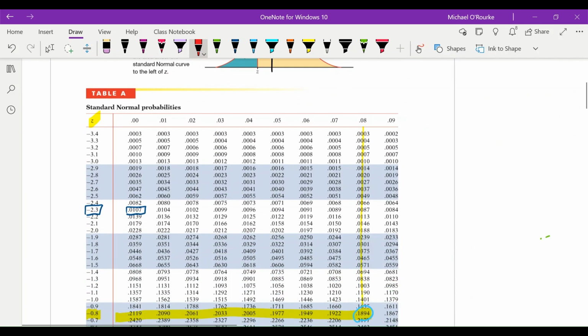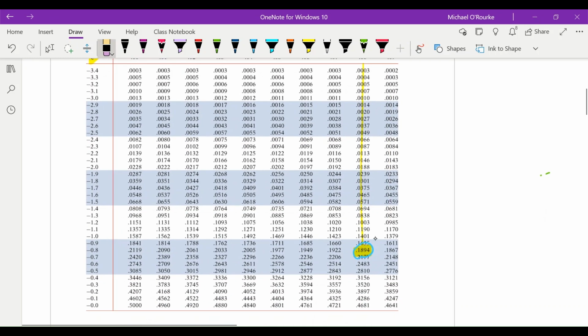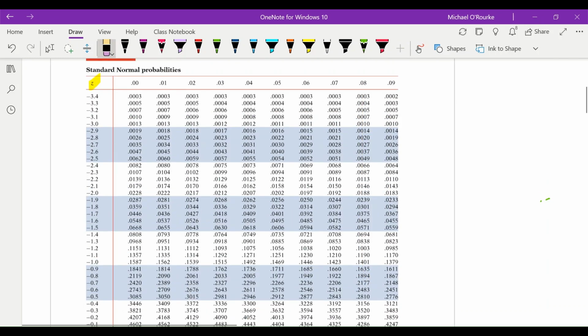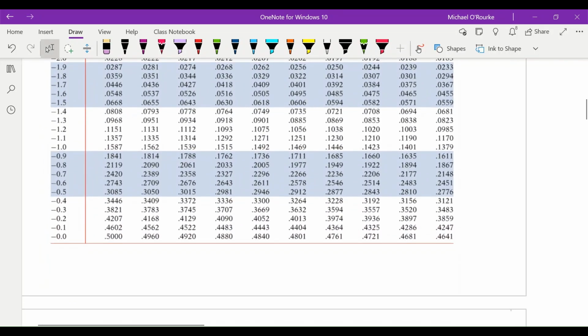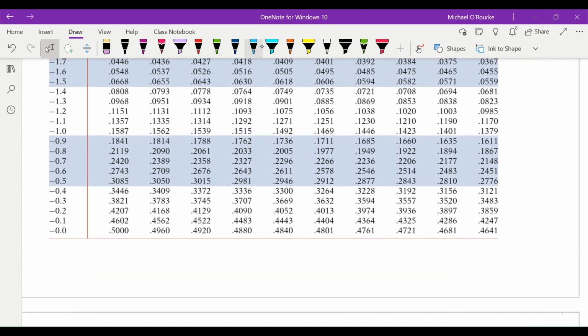So I'm looking for 0.35. I'll do some erasing here. So 0.35, I'm around here. And between these two, which one's closer to exactly 0.35? It is this one.